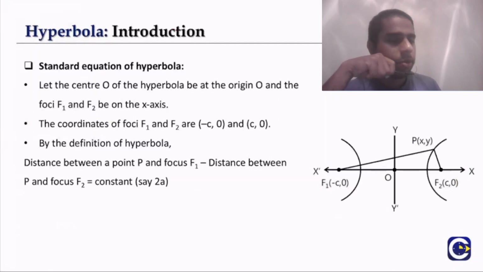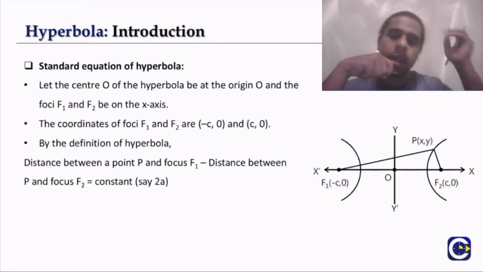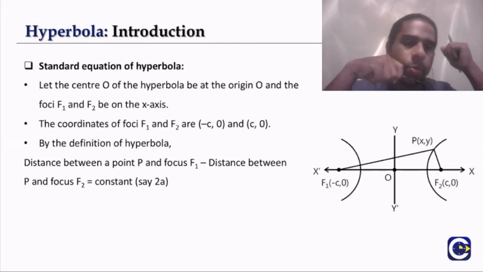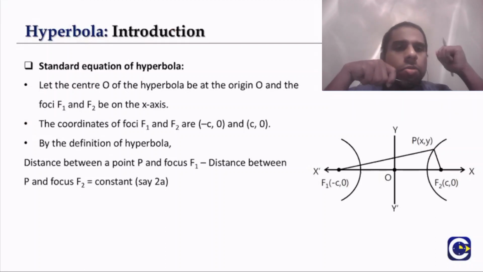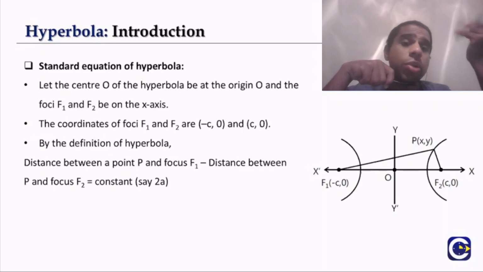Now the standard equation of the hyperbola. We are going to use the same kind of condition for the derivation. In the derivation of the ellipse, what did we use?